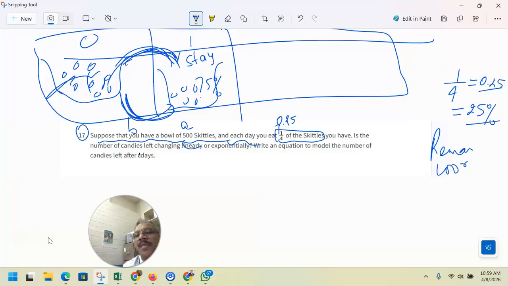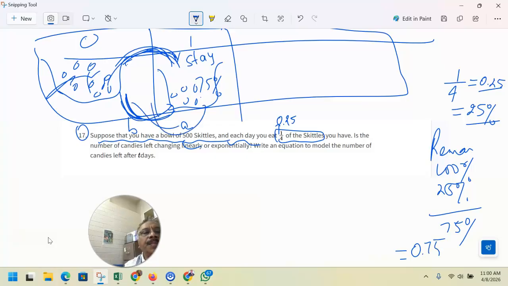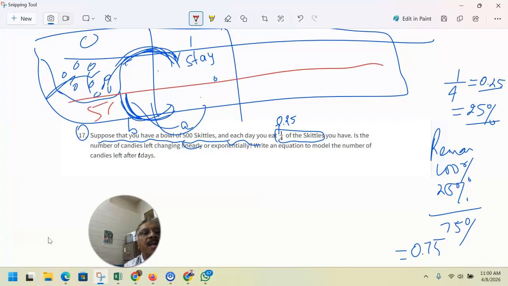From 100%, if you subtract 25%, you get 75%. And 75% means 0.75. That means each time you multiply. If this was 500, this will be 500 times 0.75. So you're multiplying by a factor b, which is a decay factor, 0.75.